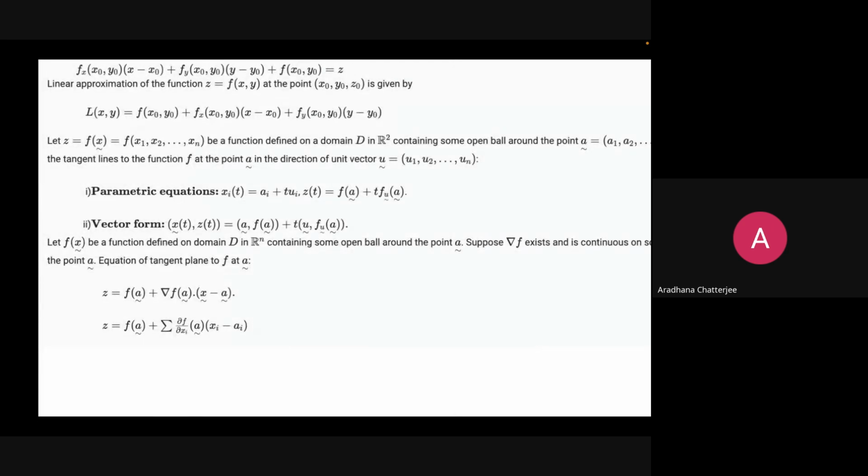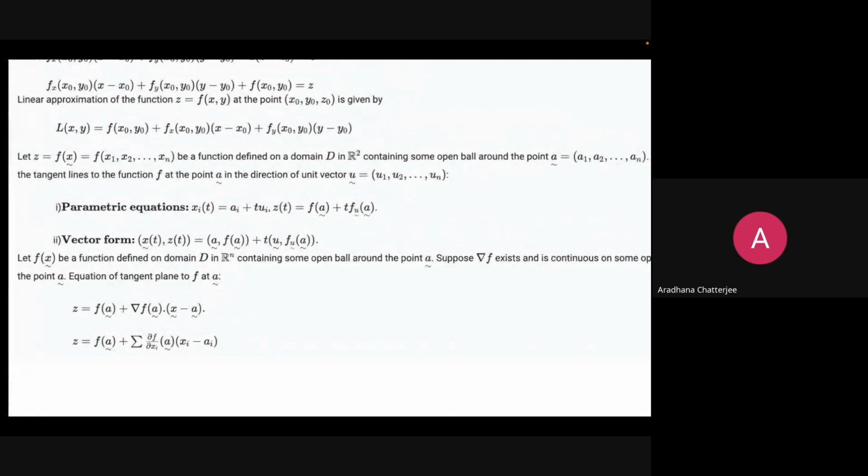So here we have x and y, so we'll have those, and we also have another parametric equation with respect to z, and z is basically the value of the function. And the form is that for each parametric equation, ai is the ith coordinate of the point that you've been given. So you are finding the equation of the tangent line of the function at some point, right?